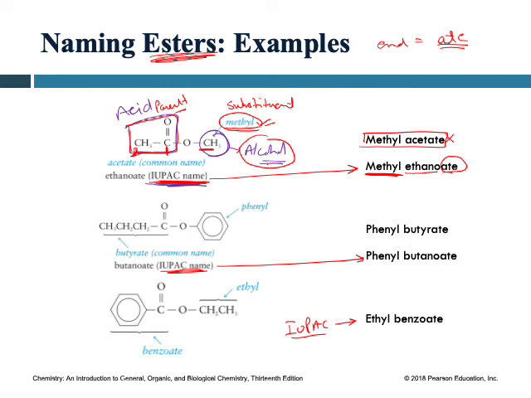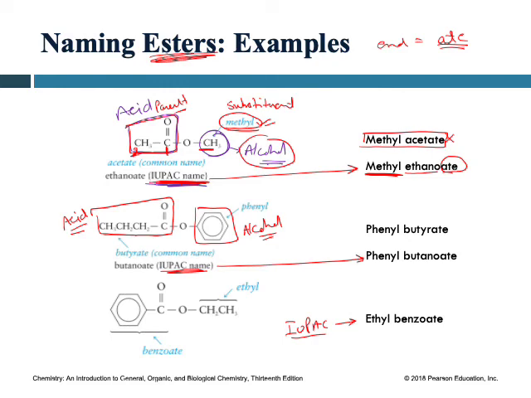Let's take one more example. This part comes from an acid and this part comes from alcohol, right? So the part that comes from alcohol we use as a substituent and name as an alkyl group, but this is a benzene ring.